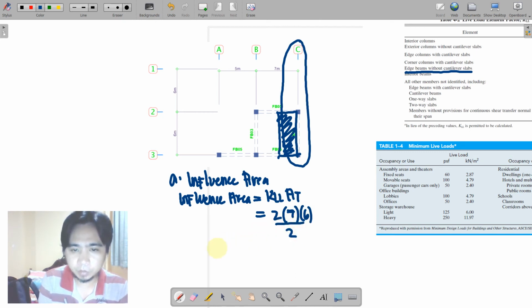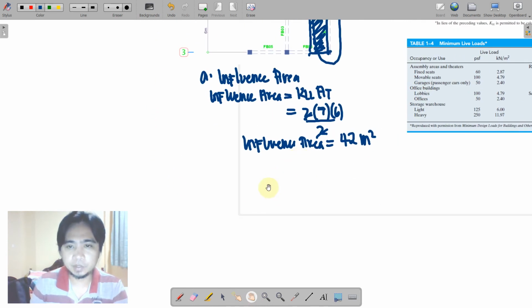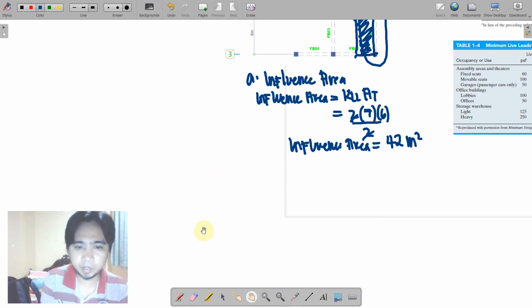So in short, we have an influence area equivalent to 7 times 6, that is 42 square meter. This influence area is the criterion on the limitation of reducing live load. We have discussed that one.